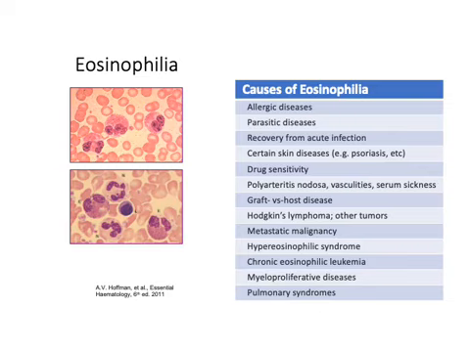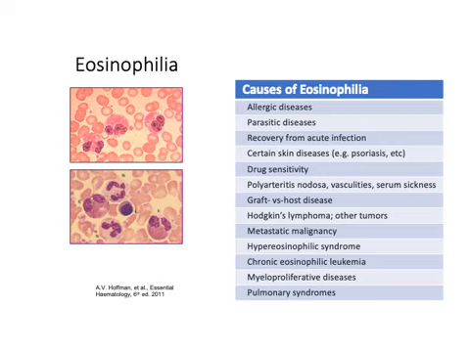If the eosinophil count is elevated above 1.5 times 10 to the 9, that's 1,500, for over 6 months and associated with tissue damage for which no other cause can be detected, then the hypereosinophilic syndrome is diagnosed.